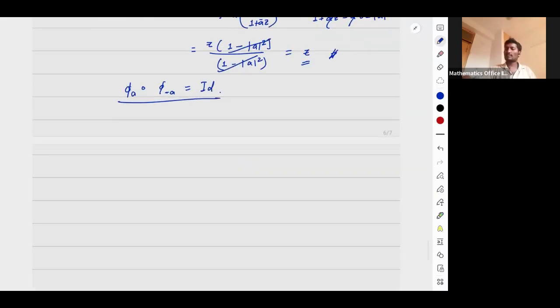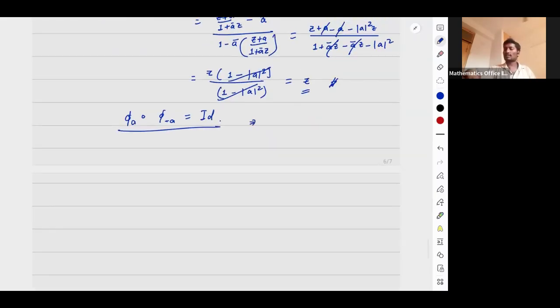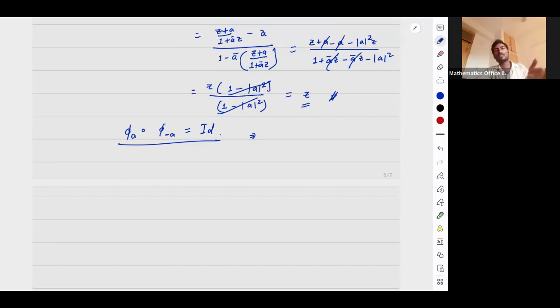What does this say? This implies the open unit disk is bijectively going to the open unit disk. Use the open mapping theorem, some result like that. The open disk goes to the open unit disk and the boundary, the unit circle, goes to the unit circle.